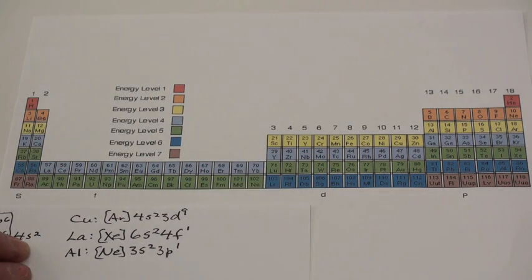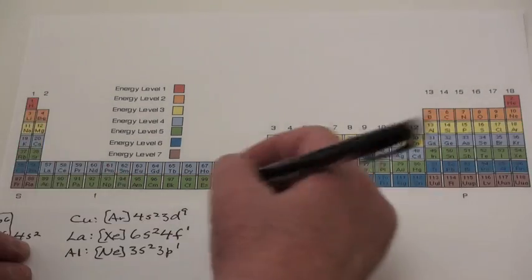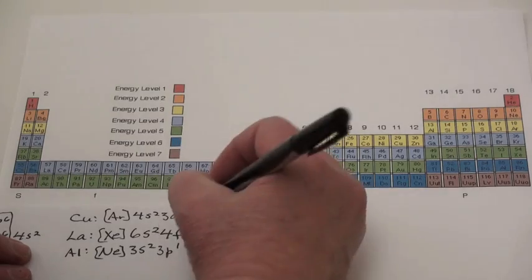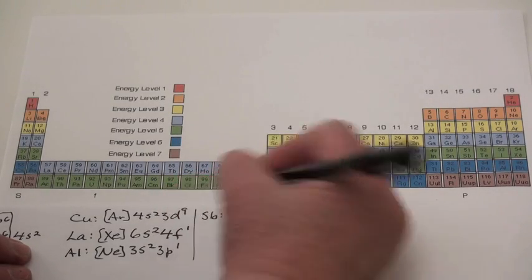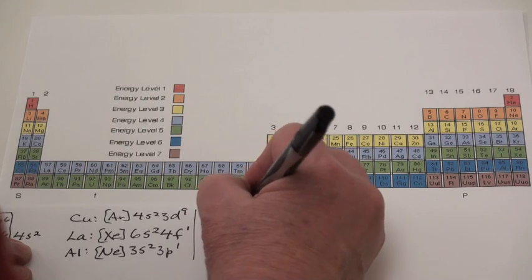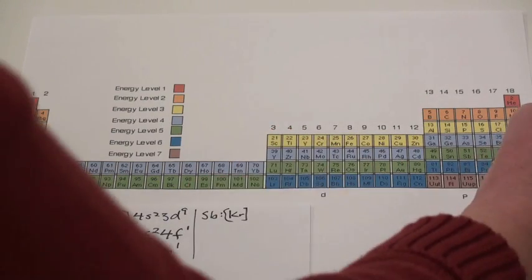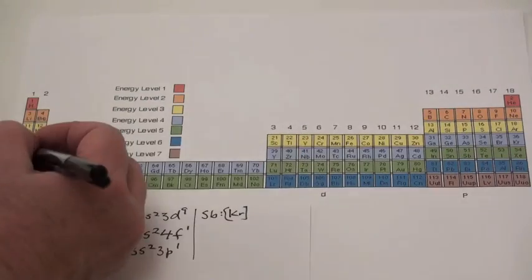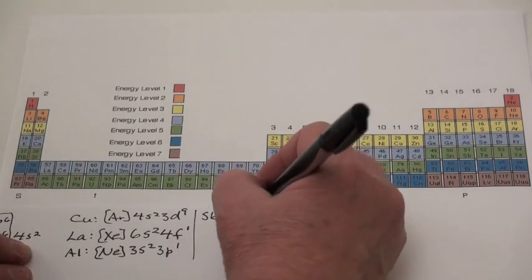Let's say you wanted to do antimony, Sb. So Sb is going to be, you go up and over, krypton is the nearest noble gas that's smaller, put that in square brackets. After krypton, we go down, the color is 5, so 5s2.